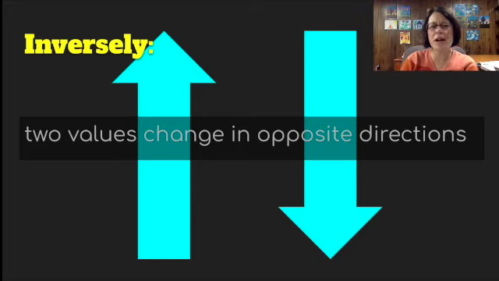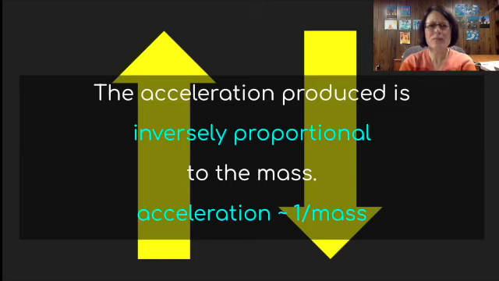So we can say that the acceleration produced is inversely proportional to the mass. This is represented by acceleration, the little tilde, 1 over mass. This is to show that something is inversely proportional. We write it as 1 over the number. It's the inverse, like in math, right?